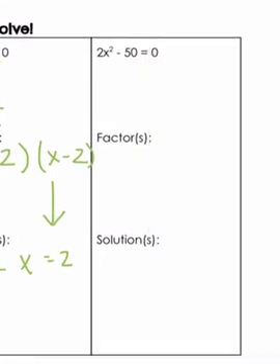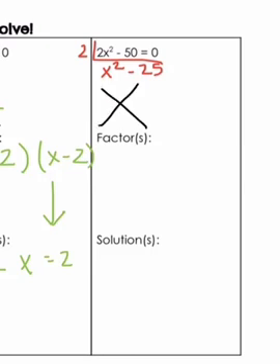Then we're going to find that GCF, divide them both by 2. That gives us -25. So what is going to multiply together to give us -25 and add to give us 0?